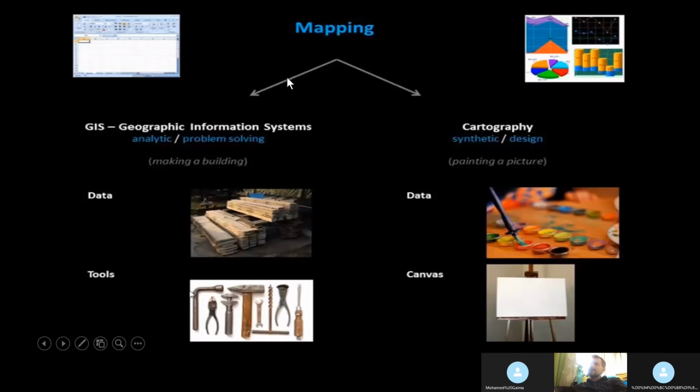On the other hand, cartography is closer to synthesis and design. While GIS makes analysis, cartography makes synthesis and design, and gives us understanding of how to put all the data on a map, how to create a beautiful presentation, and also how to explain all these features on the Earth's surface.